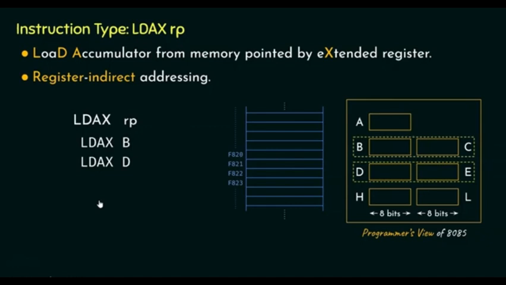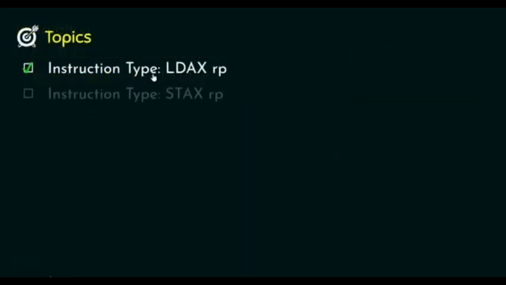Another thing to notice here, we don't have instructions like LDBX RP or LDCX RP. And the reason is quite simple, because the accumulator is a special purpose register which has different ways to address it. I hope you remembered that from the previous session. So that was all about the instruction type LDAX RP. Do remember, this occupies only 1 byte of space in the memory.